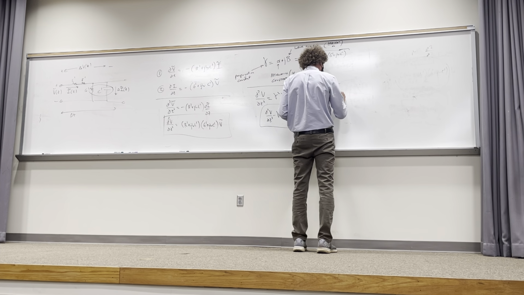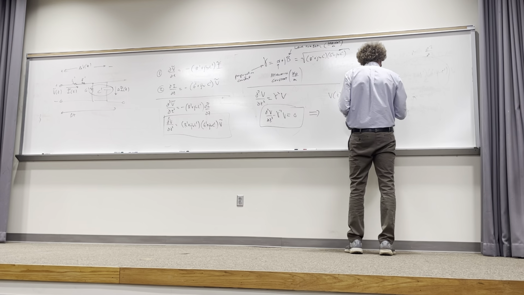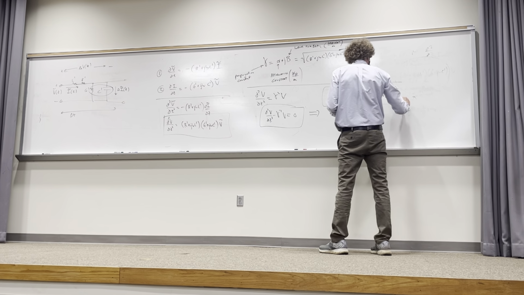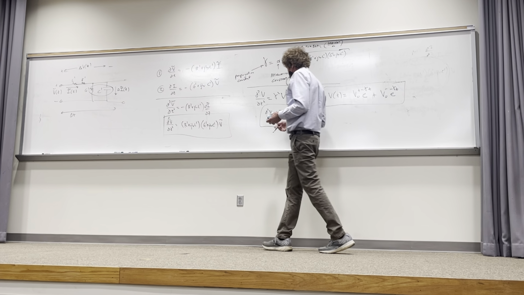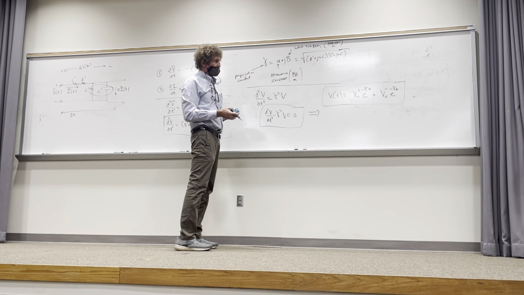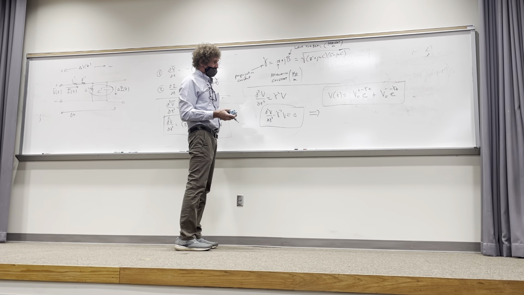V of z will have some value, v0 plus e to the minus gamma z, plus some v0 minus e to the minus gamma z. That's the general solution. I can get it for you by doing a Laplace transform, or by simply doing an assumed solution, plugging it in, and solving for gamma in terms of the constants I selected.